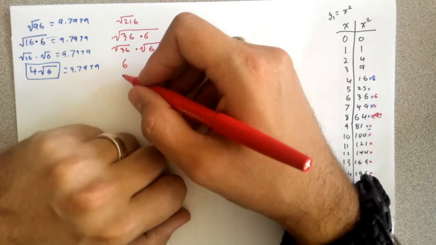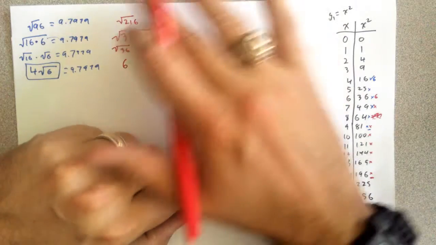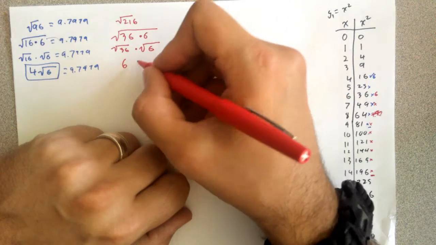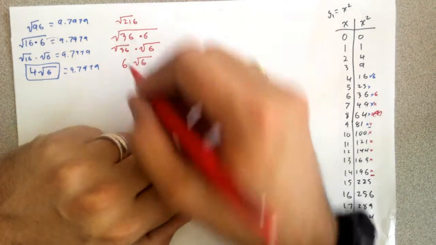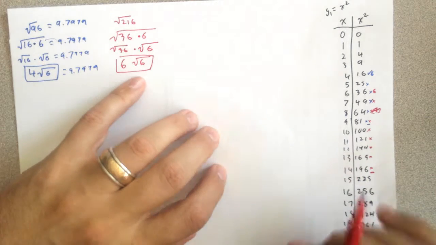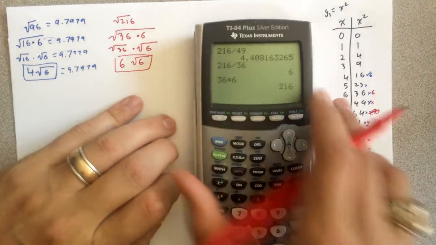This is not, let me repeat, not the square root of 6. No, we're done with that. This 6 is not a perfect square, so we don't do anything with it. We just bring it down in 6. So that is my answer there. If I want to make sure I did this right, I can use my calculator.